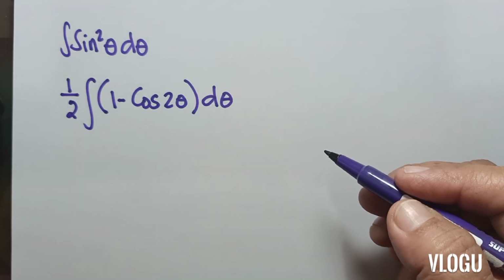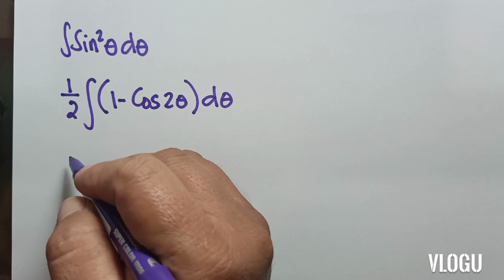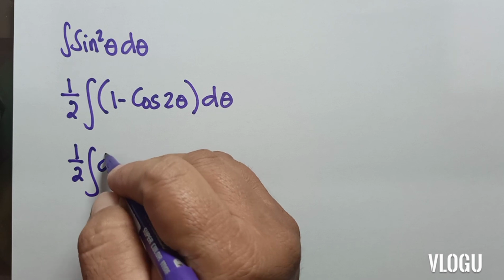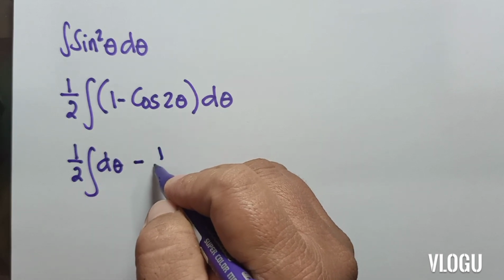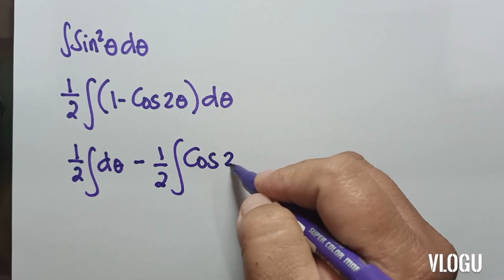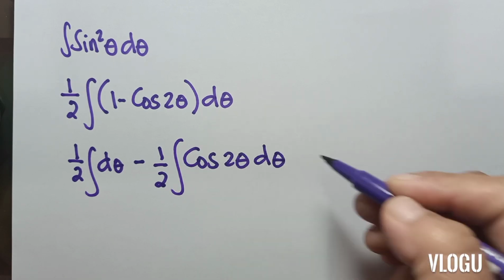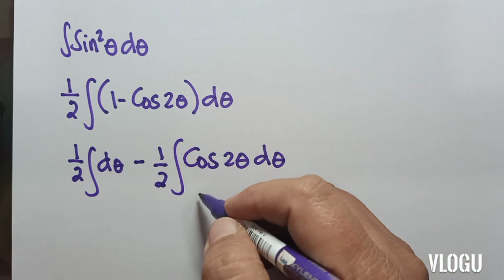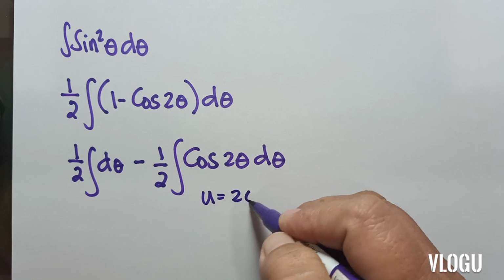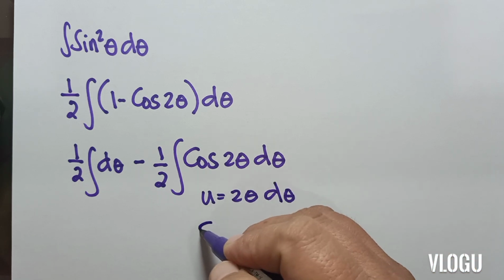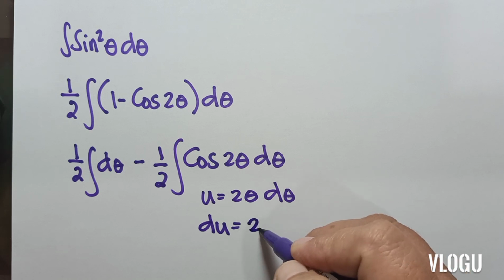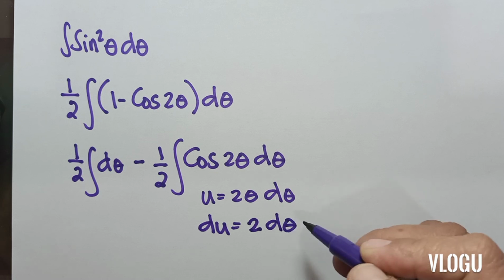Therefore, you will have 1/2 the integral of d theta minus 1/2 the integral of cosine 2 theta d theta. Wherein our u here is 2 theta, and du is equal to the derivative of 2 theta, that is 2 d theta.